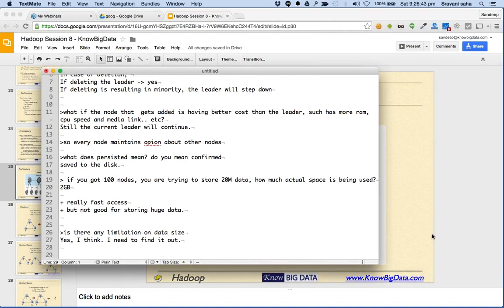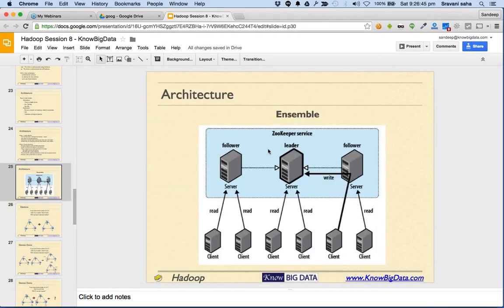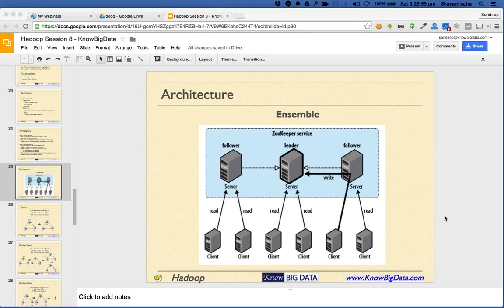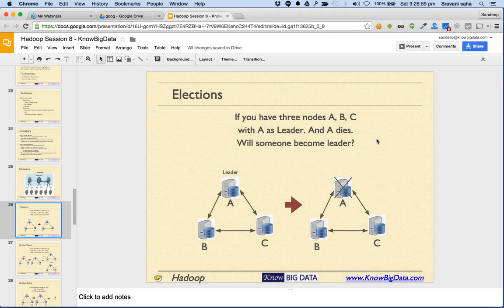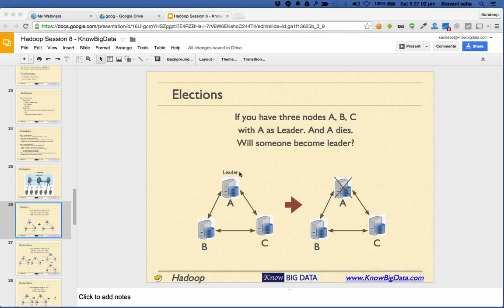Now, Srisha's question is, if there is no leader, then who writes? My answer is that no one. In case there is no leader, there are no writes, and the whole cluster becomes read-only. Now, that might sound very awkward to you. If you have 3 nodes A, B, and C and A is dead, then who will become the leader?